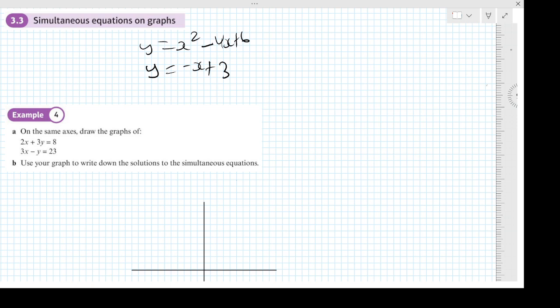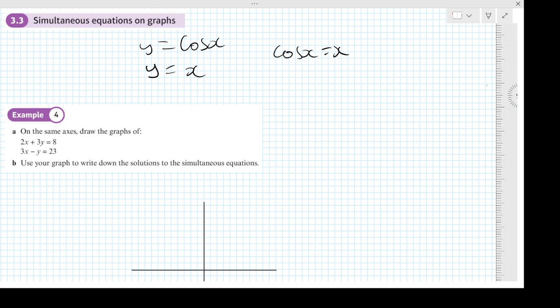Which means if we had more complicated simultaneous equations that we couldn't quite solve, say for example y is cos x and y is x, solving cos x equals x, you can't solve that precisely. You have to look at numerical methods, meaning you get an approximate solution.